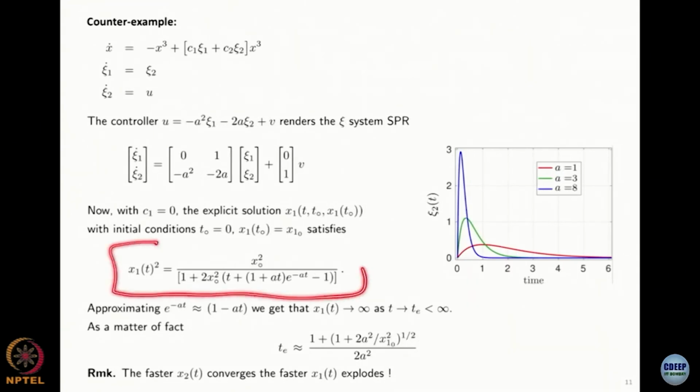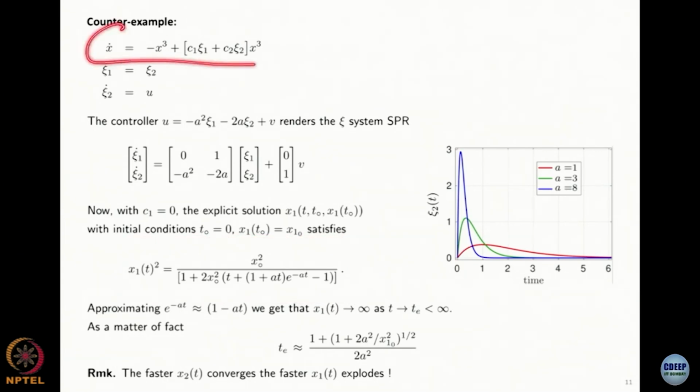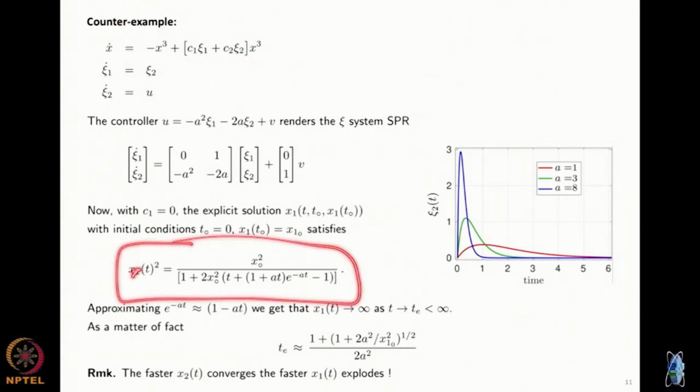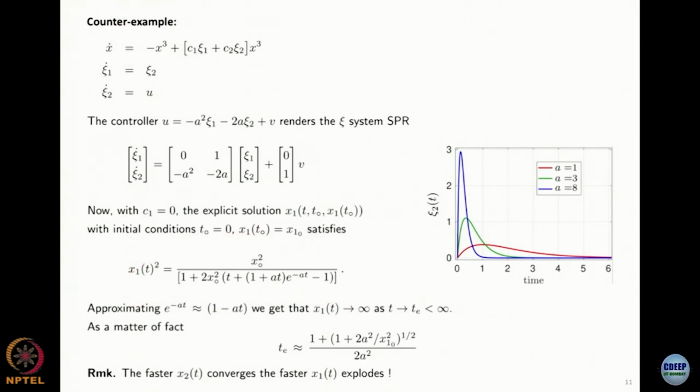The solution to the system up here is given by this equation. There shouldn't be x1, it's just x. So this is the solution to the system, and as you can see here, you have a bunch of terms with a -1 there. So at certain moment, all that cancels out. You are dividing by 0, and the solution explodes.